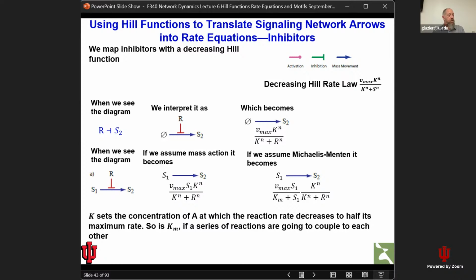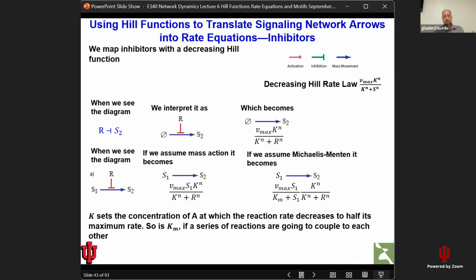Similarly, if we have inhibition, if we see R inhibits S, then we have S being produced out of nothing. And the rate of production is a decreasing function of the concentration of R. We'll use an inhibitory Hill function, V max times K to the N over K to the N plus R to the N. This is where having the K and the N be symmetrical is very useful, because we just have to change that one symbol in the numerator to switch from activation to inhibition.